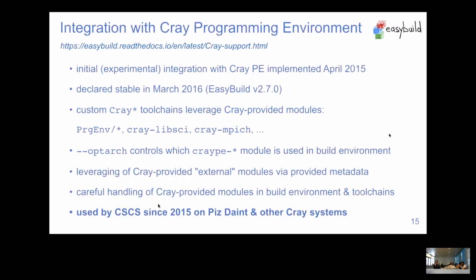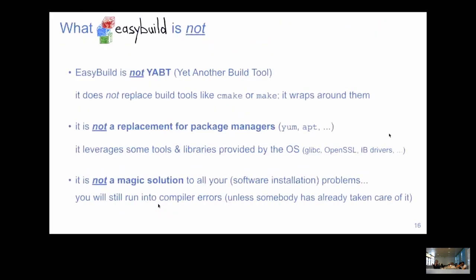Yeah, a bit more maybe before diving into some demos. One thing I want to clarify, first of all, is what EasyBuild is not. It's not a replacement for CMake, for example. So the things you're learning about CMake are certainly still relevant. What EasyBuild basically does is wrap around the tools that are being used to install the software.